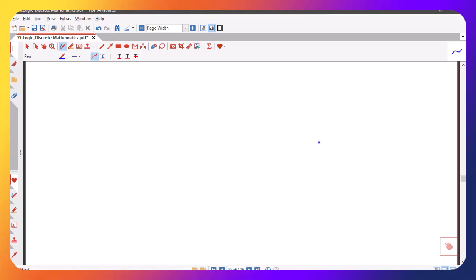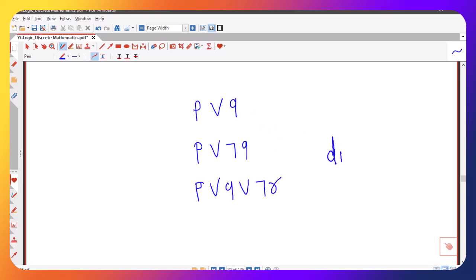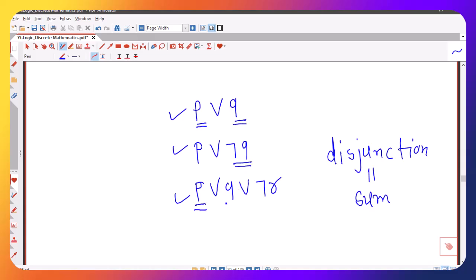Similarly, we can define elementary sums. If I am using the OR operator, I can write examples such as P or Q or negation R. All these are disjunctions, and for disjunction we will use the word sum. In all these three propositions we have a sum of variables and their negations.